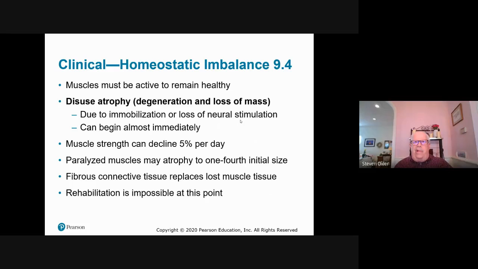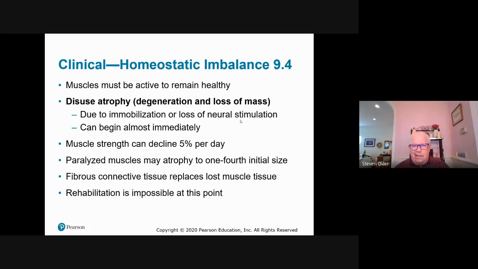To make your muscles healthy, you must remain active. This is what I'm worried about with COVID-19 and the pandemic. Everyone is sitting on their butts. You're in class, sitting on your bed, sitting in a chair. You're not walking to class. You're not getting in your car.